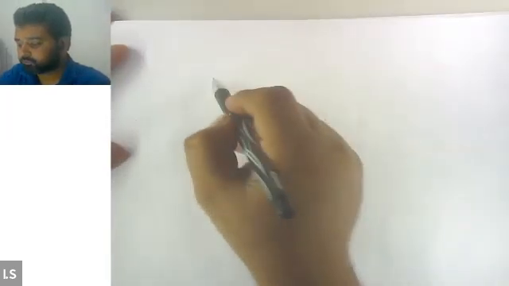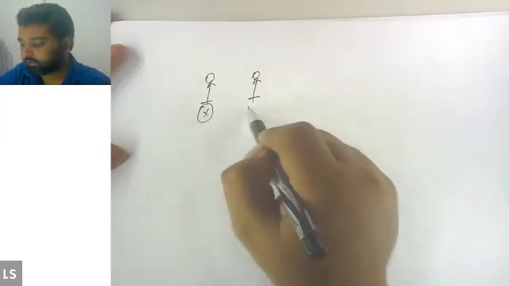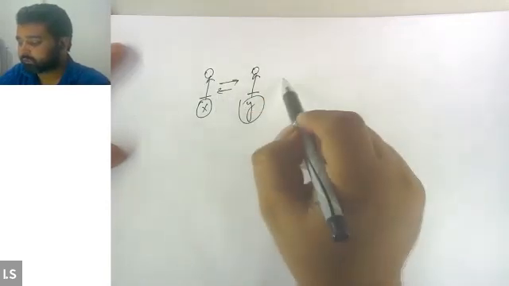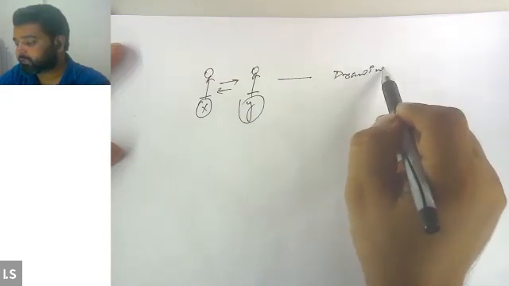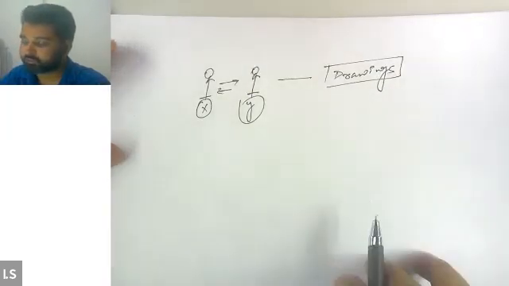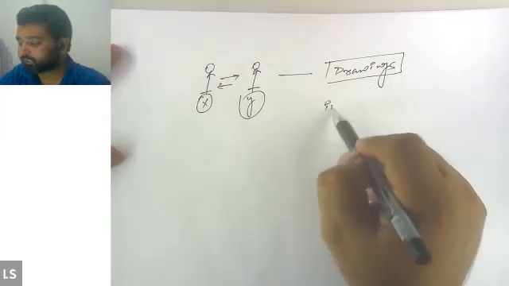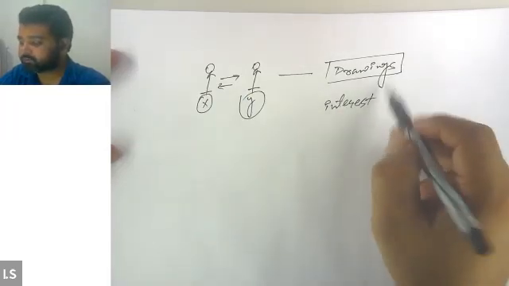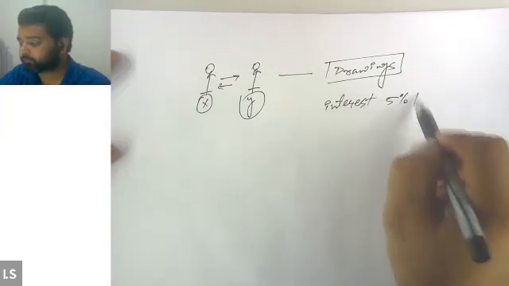Let's suppose there are two partners, partner X and partner Y. They have entered into an agreement and they agree that whenever any of them makes drawings, any withdrawal from the business, such drawings will be subject to interest at the rate, let's suppose they have agreed, at 5% per annum.